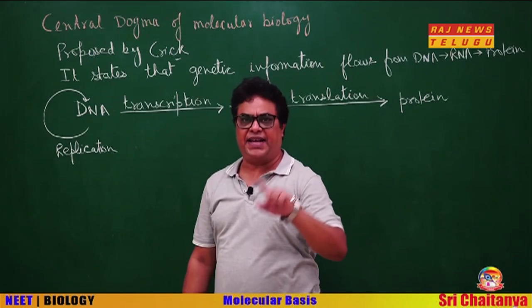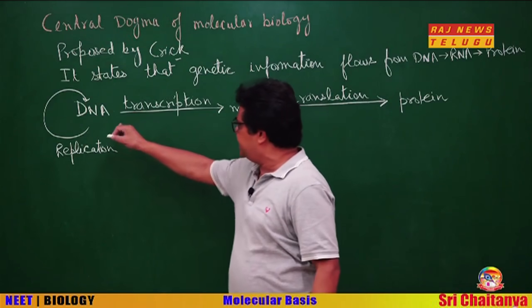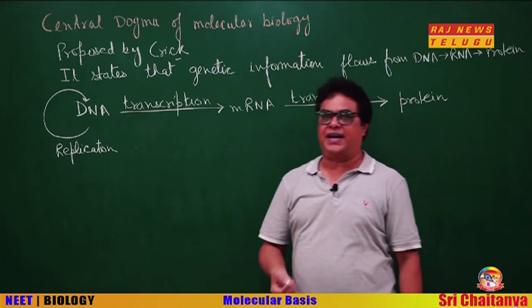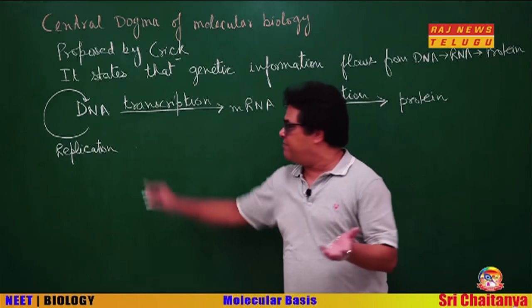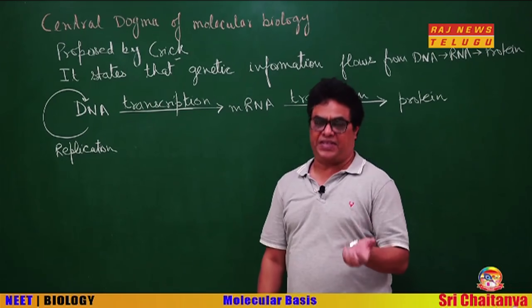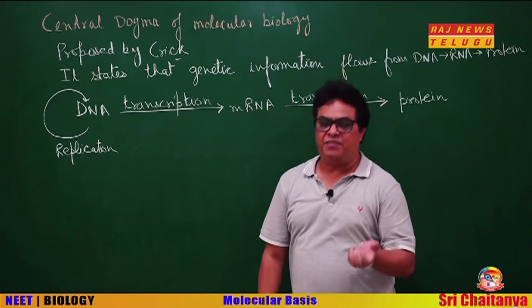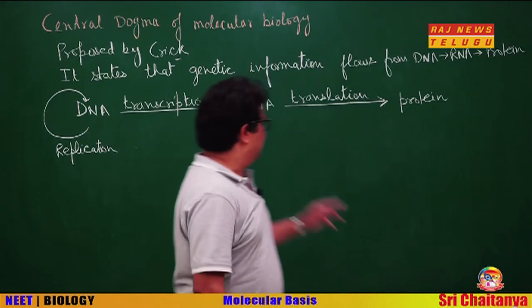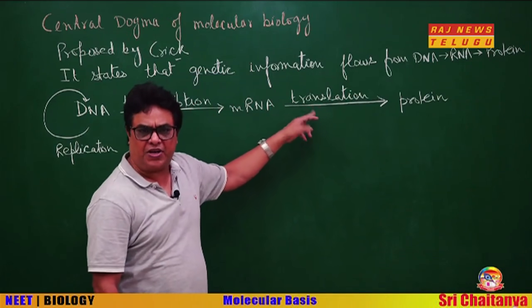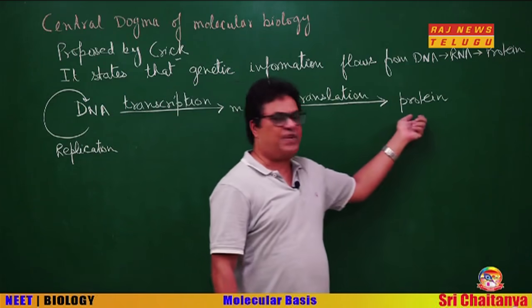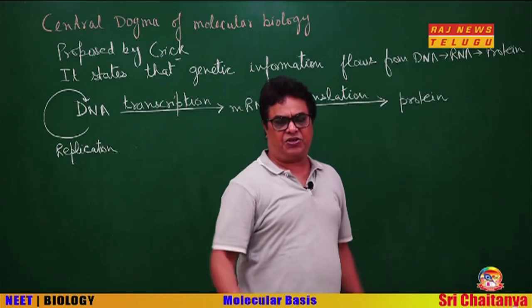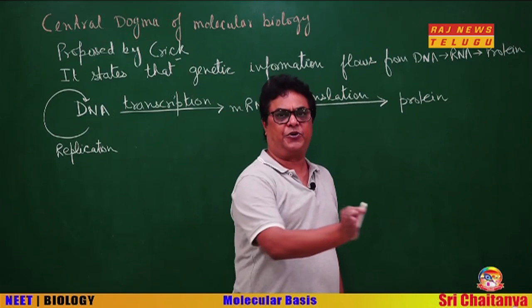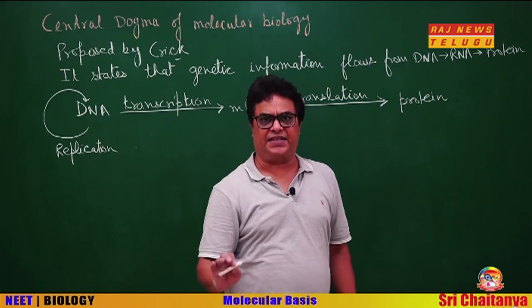Okay, and this DNA by the process of transcription can form a type of RNA called mRNA containing the message of DNA, hence called messenger RNA. Now, what is this message? This message is which type of protein will be synthesized, and then by the translation of this coded message present in mRNA, a specific type of protein is synthesized. So, this flow of genetic information is unidirectional from DNA to mRNA to protein, okay? And in most cases it is correct.